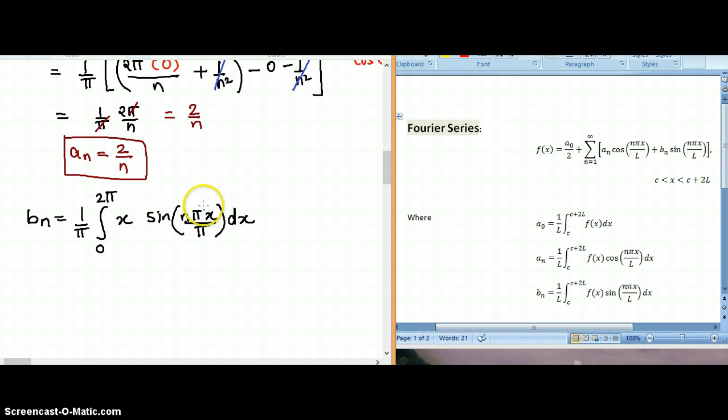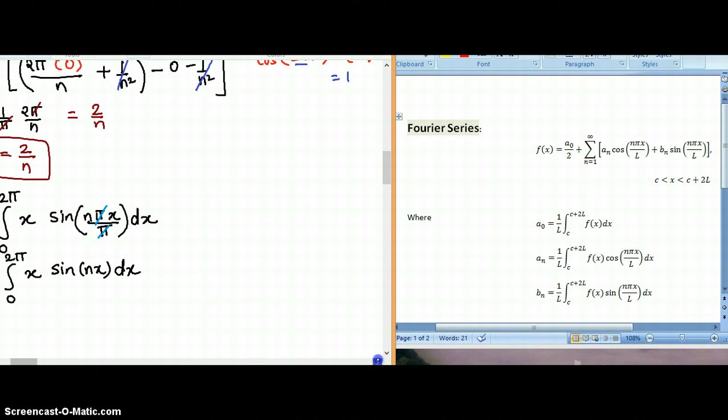So again we can cancel pi with pi. So this is equal to 1 over pi integral 0 to 2 pi x sine nx dx.